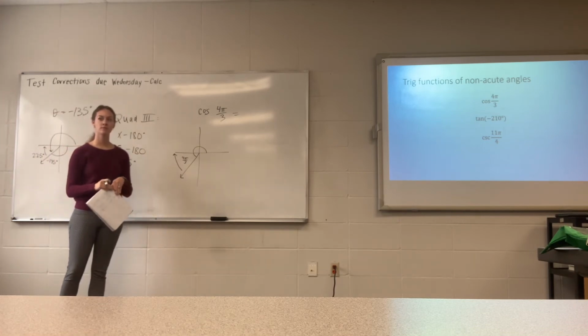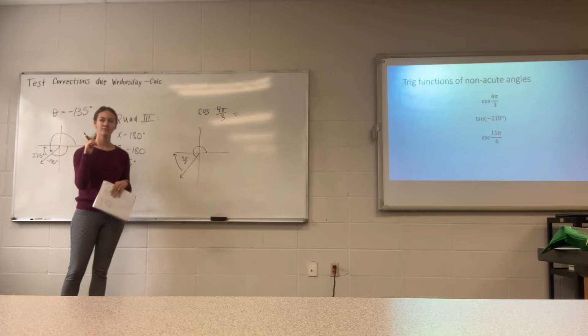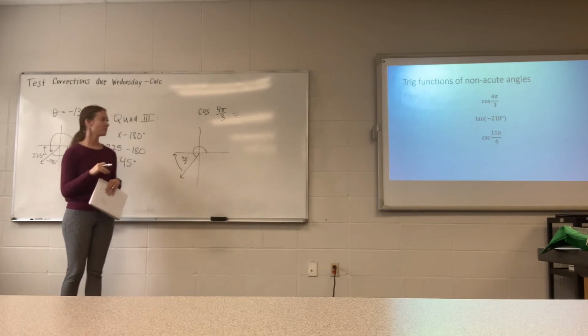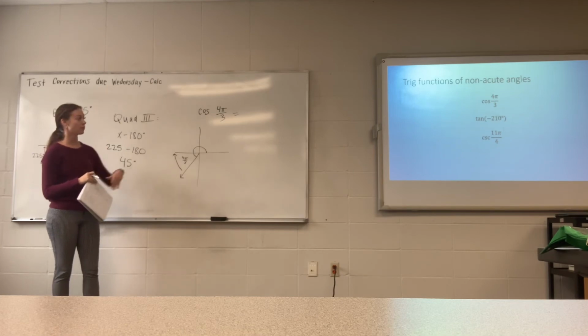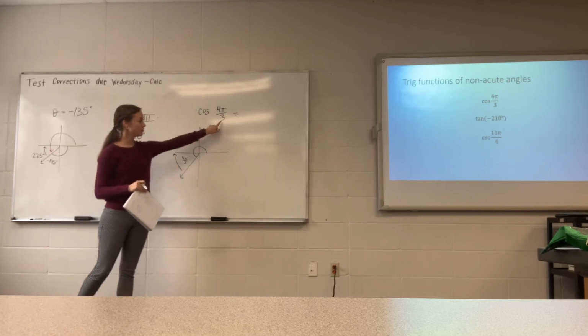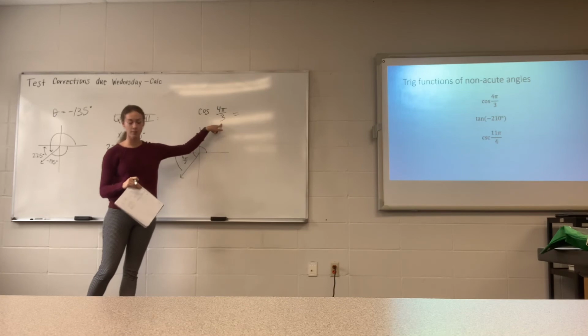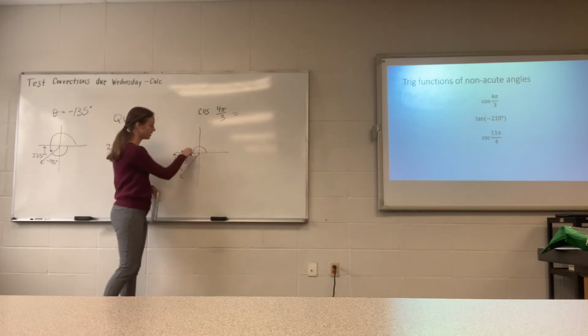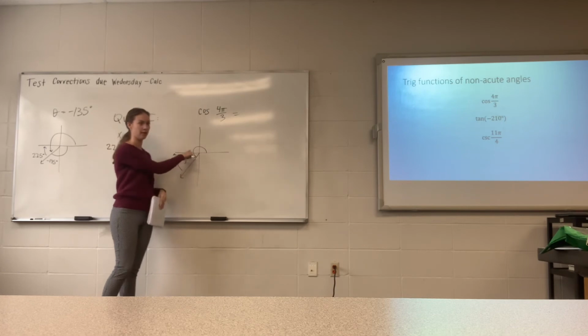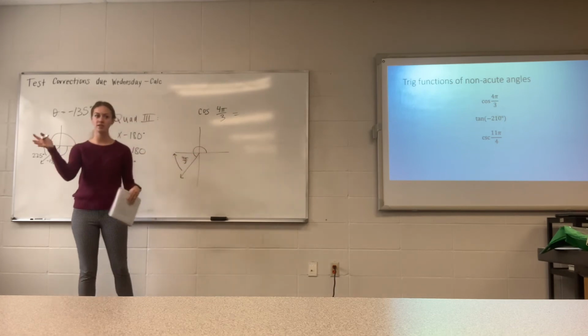Are we going for radians or degrees? We'll keep it in radians. 1 pi over 3? Yeah, it'll be 1 pi over 3. The way we figure that out is that whatever number is in our denominator, that's how many I go when I'm doing half of my circle. So from here to here, I went 3 pi over 3, because 3 pi over 3 is the same thing as pi.